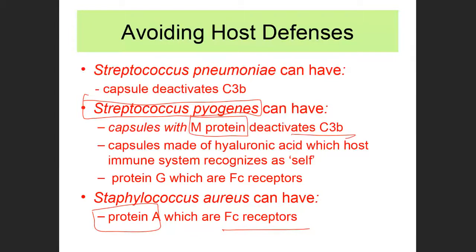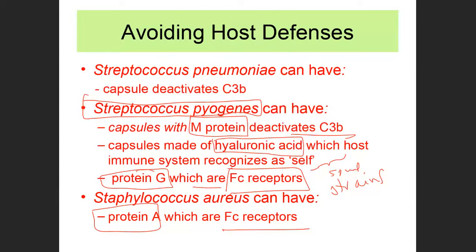It has a protein G, which is an Fc receptor. And on top of that, some strains, not all of them, but some strains of Strep pyogenes have developed a capsule made of hyaluronic acid, which is a component of human connective tissue.